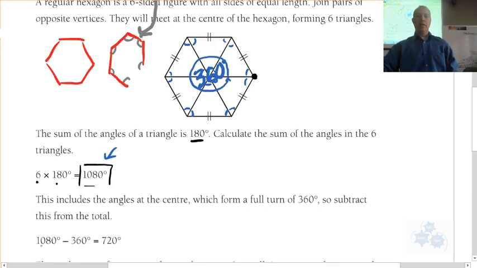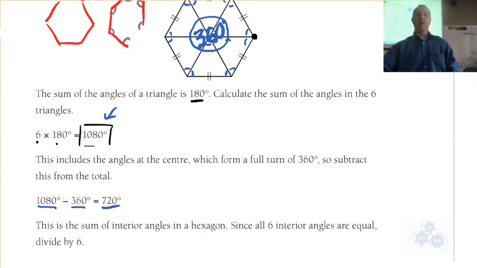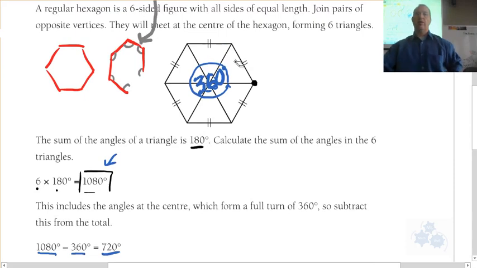And so look at what they did. They said, hey, we've got 1,080 degrees minus the 360 from the inside leaves us with 720 degrees on the outside. So all of these outside lines that I'm now erasing, all these outside angles, they all add up to 720.